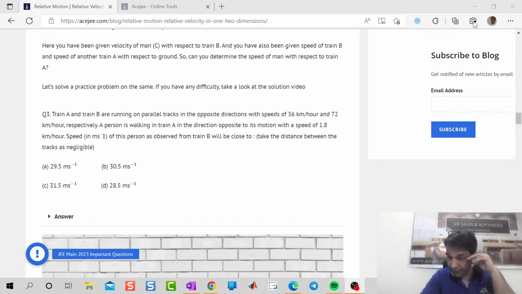Is it 10 meters per second? 72 kilometers per hour is 20 meters per second.